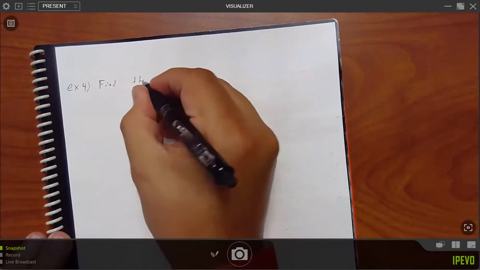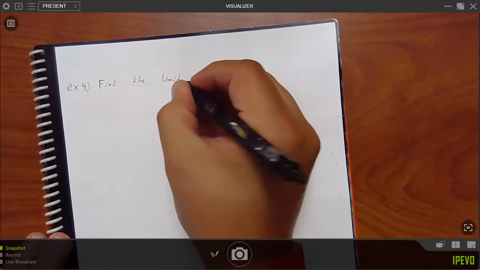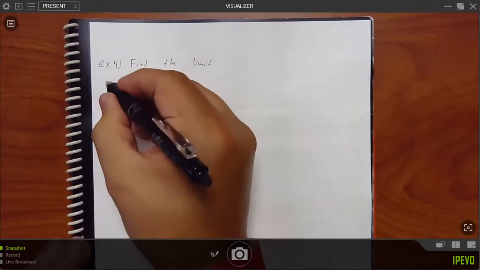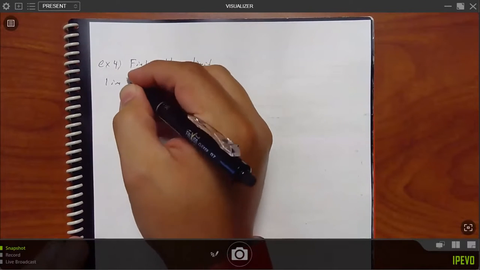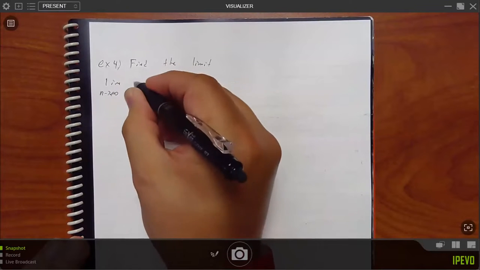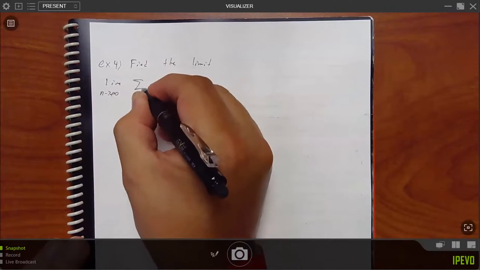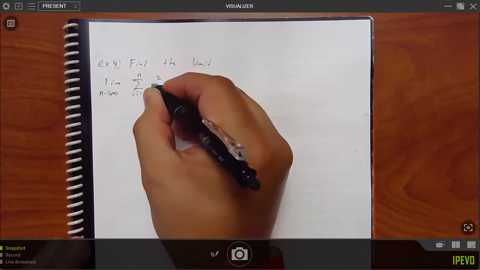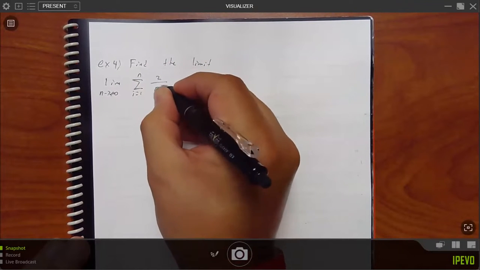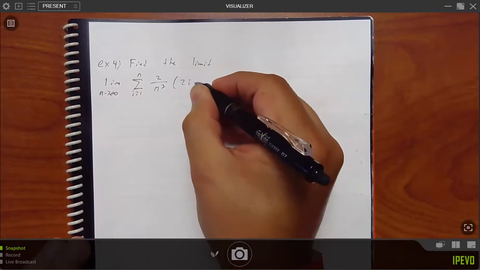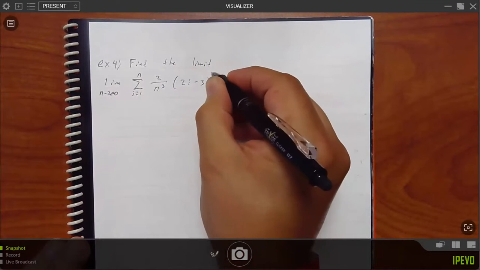Find the limit. So the limit as n goes to infinity of the sum i equals 1 to n of 2 over n cubed times (2i minus 3) squared.